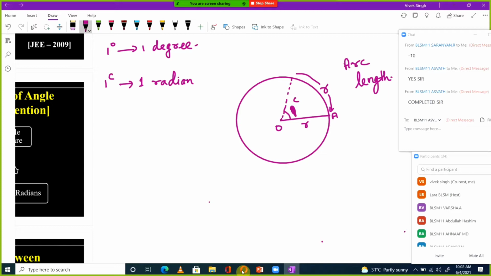So what can we write? 1 radian we can define like this.